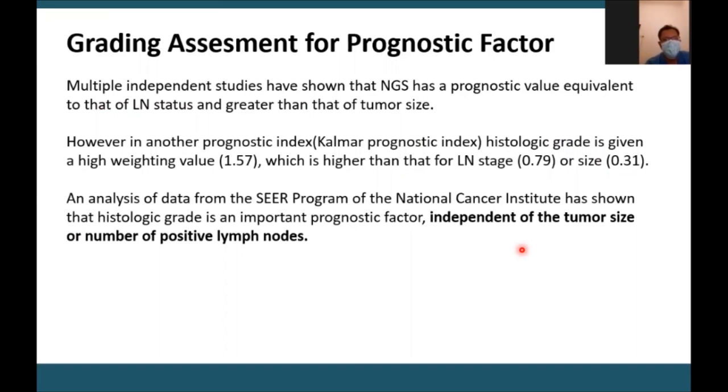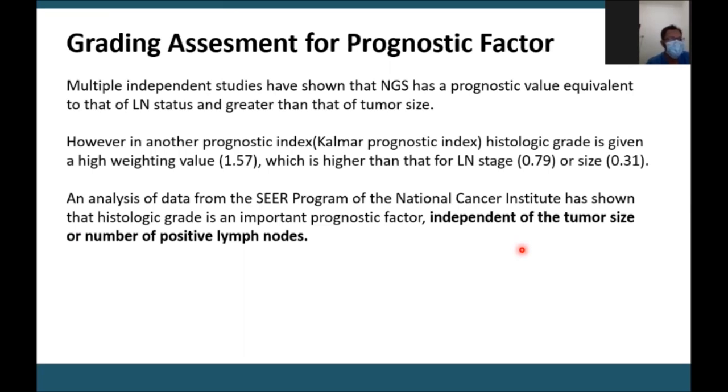And then, what is the clinical application of the grading assessment? In the grading assessment for prognostic factor, after we assess the grading, what are the function and clinical application? The existing literature states that NGS, the Nottingham grading system, has a prognostic value equivalent to that of the lymph node status and greater than that of tumor size.